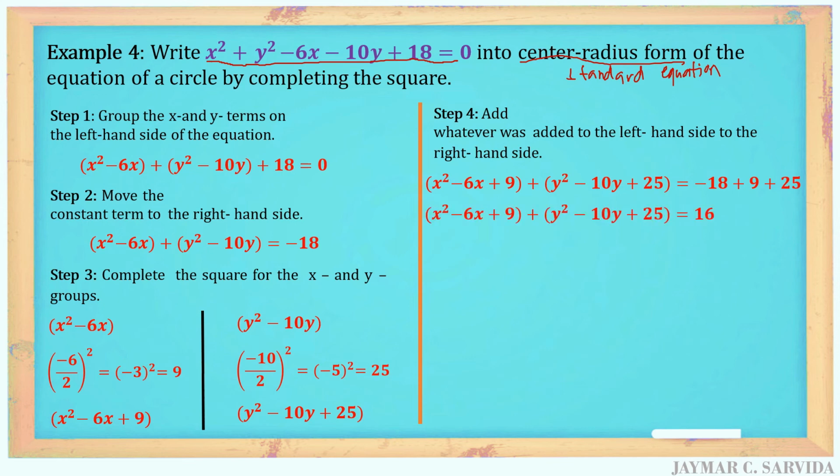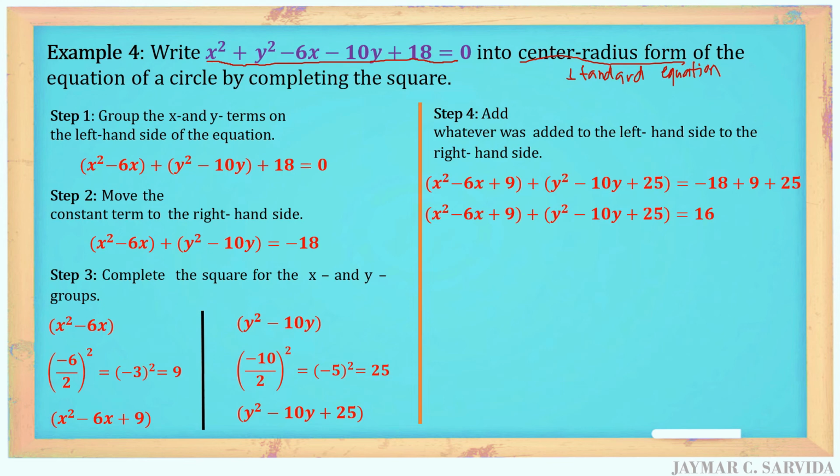Okay, next. Simplify that one and that will become quantity of x squared minus 6x plus 9 plus quantity of y squared minus 10y plus 25 equals 16. Negative 18 plus 9 plus 25 is positive 16. Okay?